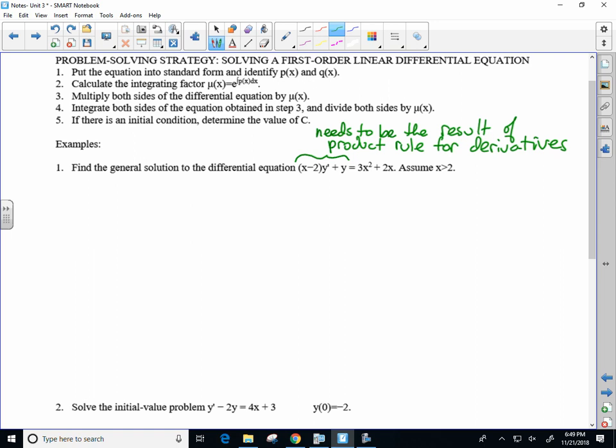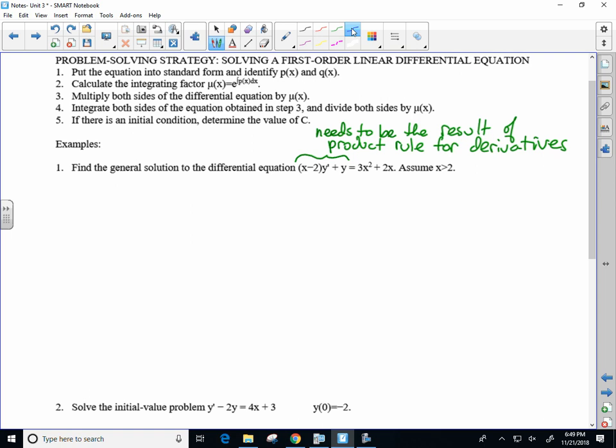Okay, so if I were to take two functions that are being multiplied, and find the resulting derivative of that product, it should end up being whatever the left-hand side is. All right. So what I'm going to do is first test to see if that's what I have.